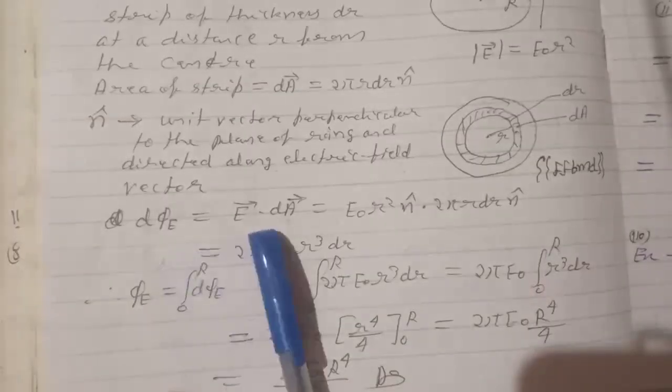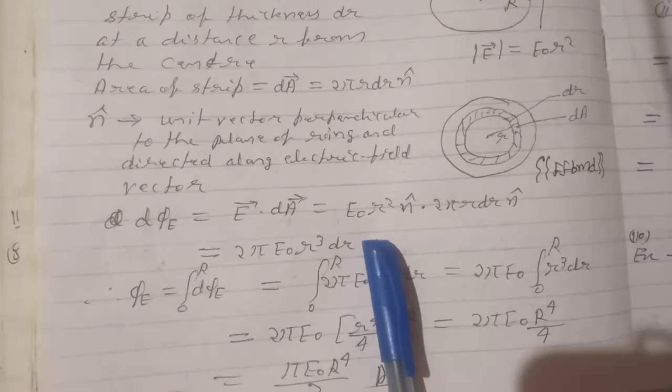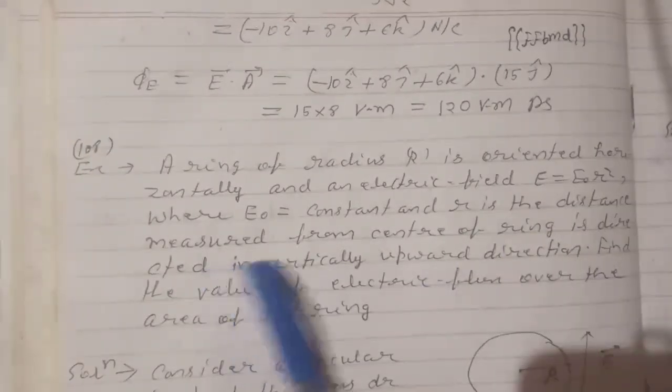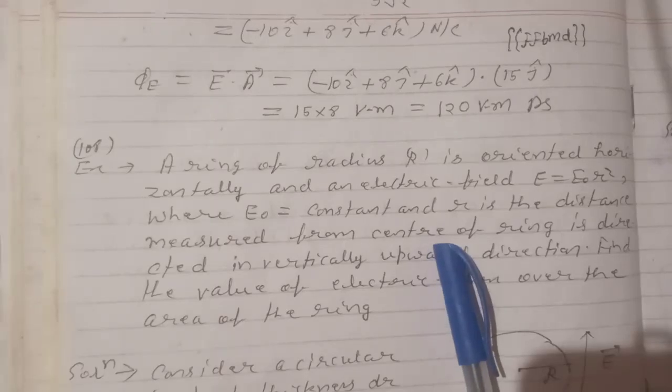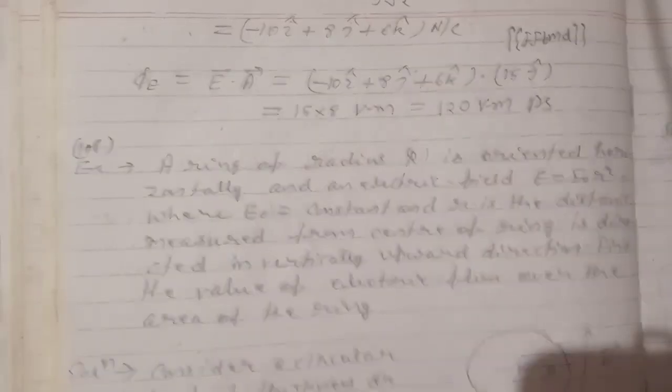So d phi equals E vector dot dA vector, E naught into r square. Here r is the distance measured from the center of the ring, that is, r is the distance in the plane of the ring.